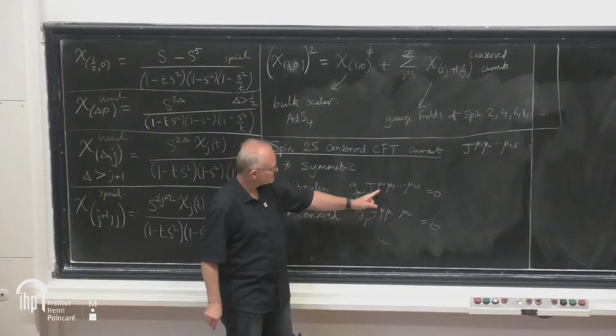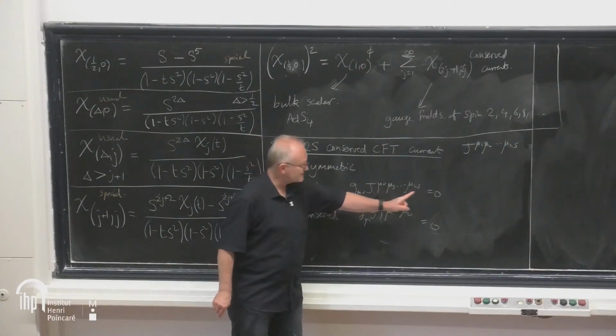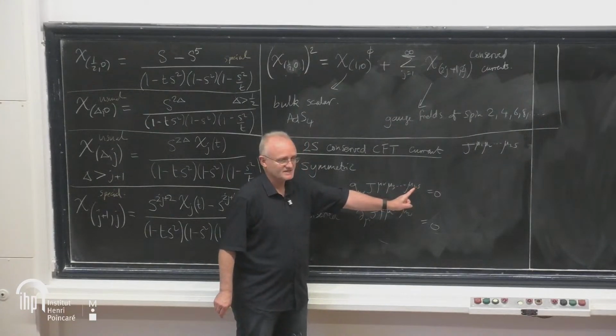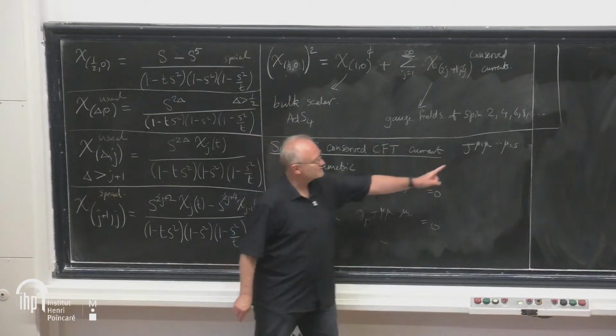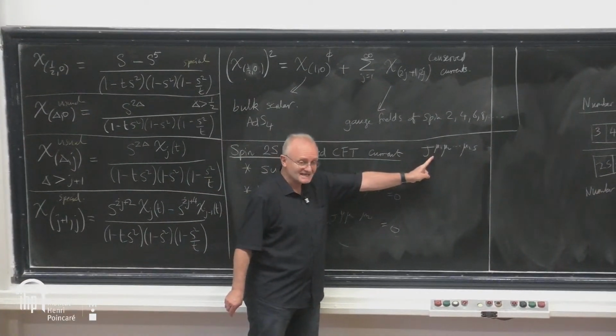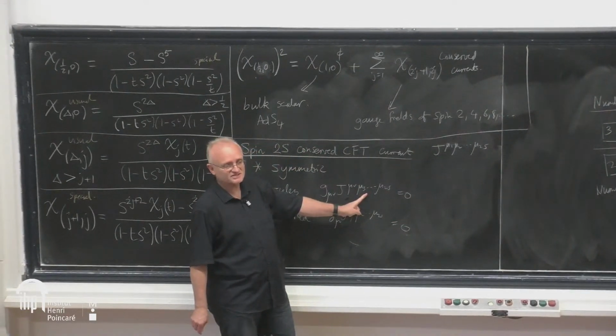And what I have here is s minus 2 indices, and this tensor in those indices is symmetric and traceless. So I've got the number of components of a symmetric and traceless 2s tensor minus the number of components of a symmetric and traceless 2s minus 2 tensor.